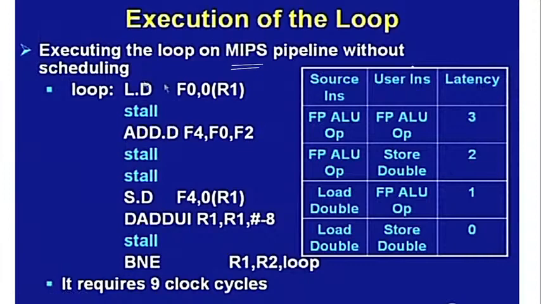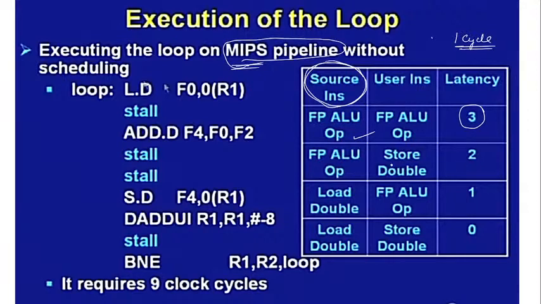In this particular MIPS pipeline, this MIPS processor introduces some delay. Here they have given a table. If it is a floating point arithmetic logical unit operation instruction, it is supposed to take 1 clock cycle, but it takes 3 extra clock cycles if there is a floating point arithmetic operation.